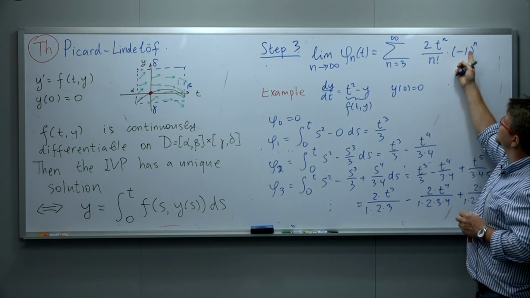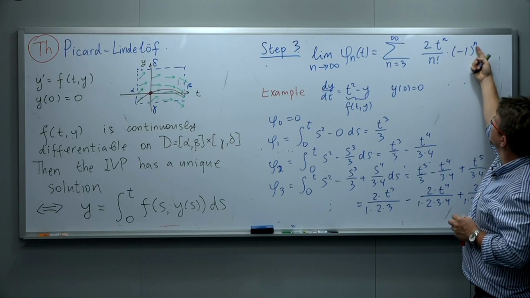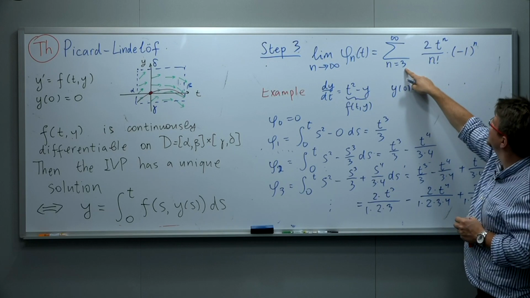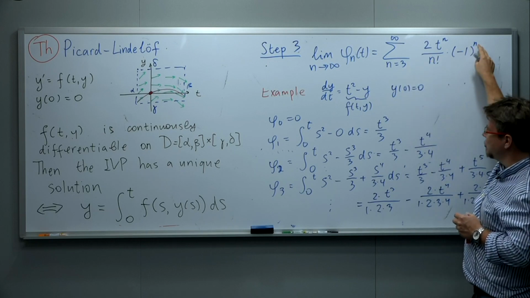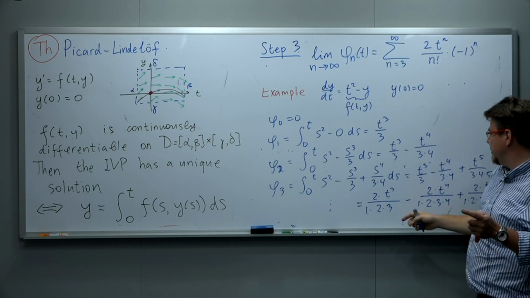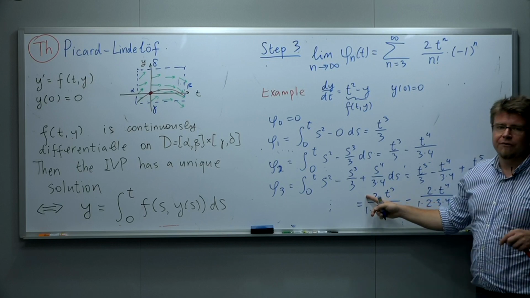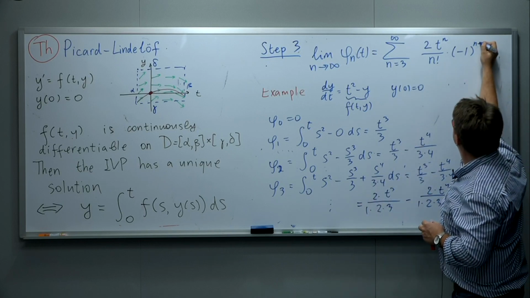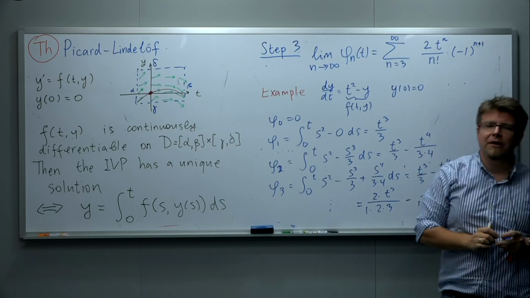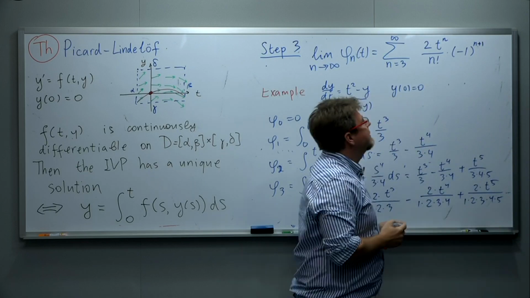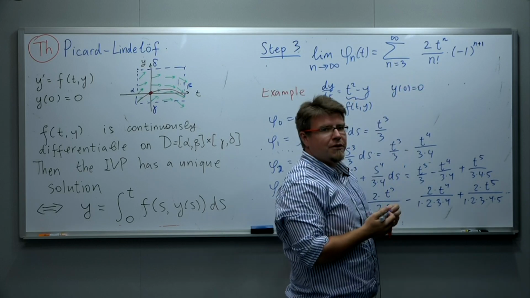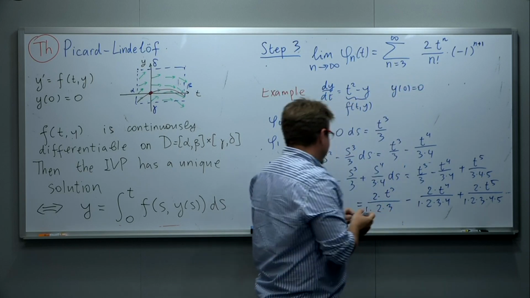However, if it is just minus 1 to the n, then they are alternating, but when n equals 3, I get minus 1 cubed, which is minus 1, and I should have plus 1, because the first term is positive. So I'm going to have to write plus 1. Now they're still alternating, but at least they begin with the plus sign. All right?